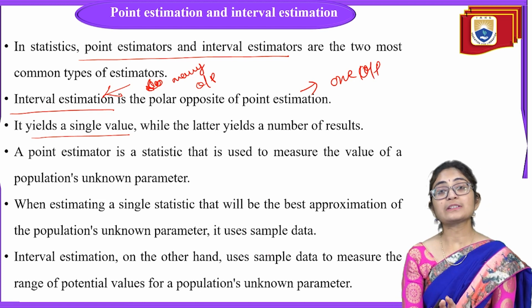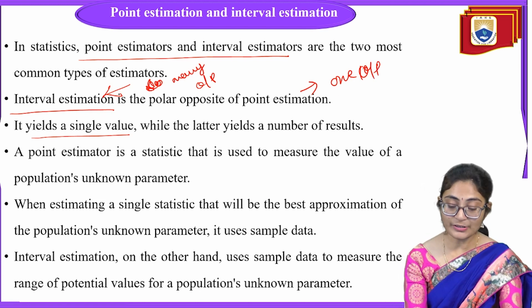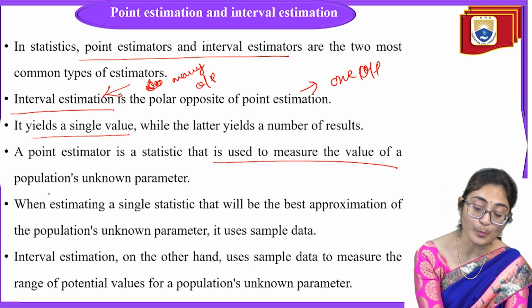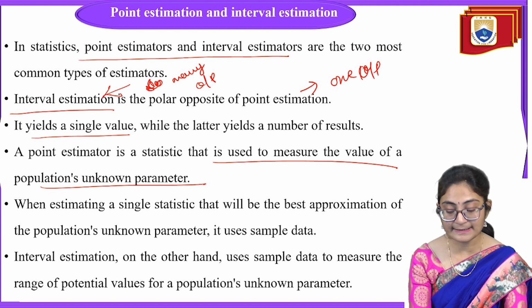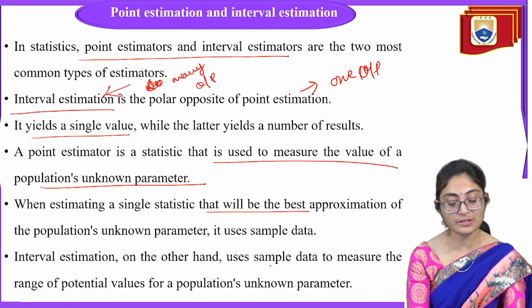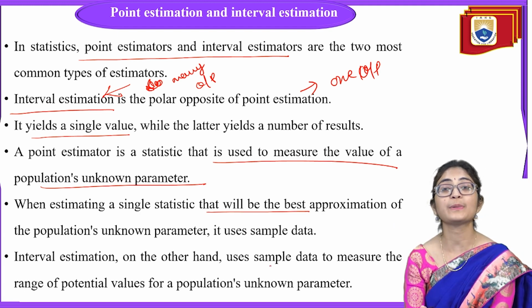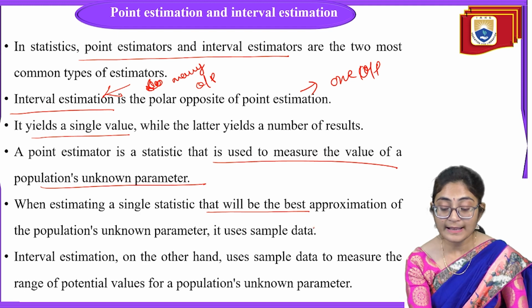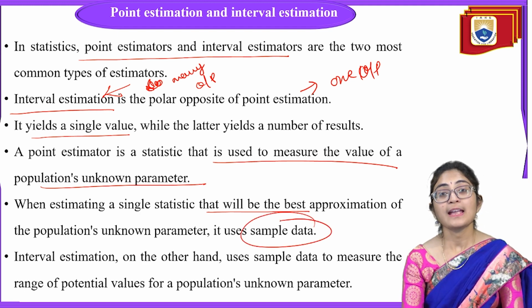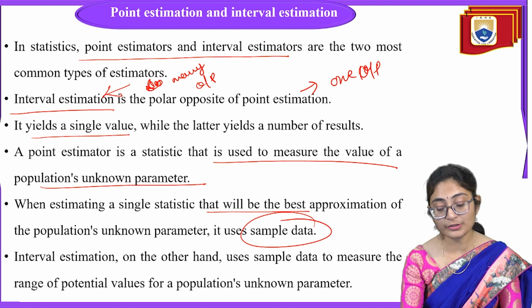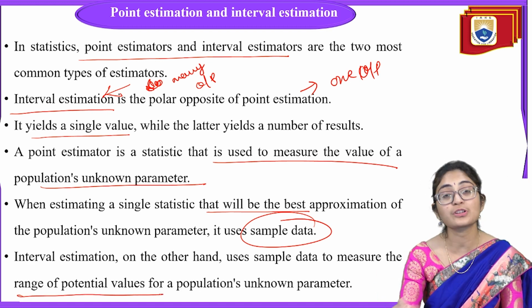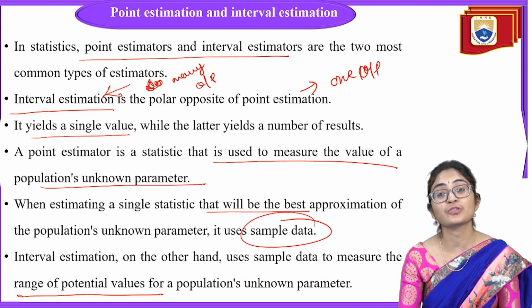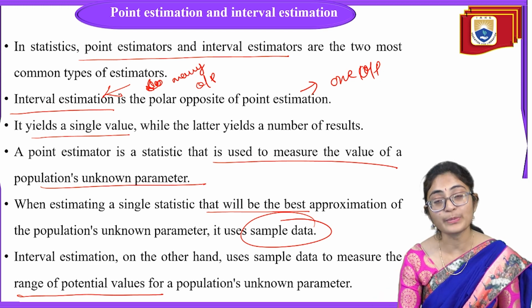A point estimator is a statistic that is used to measure the value of the population's unknown parameter. When estimating a single statistic, that will be the best approximation of the population's unknown parameter, and it uses the sample data. And interval estimation uses the sample data to measure the range of potential values for the population's unknown parameter.